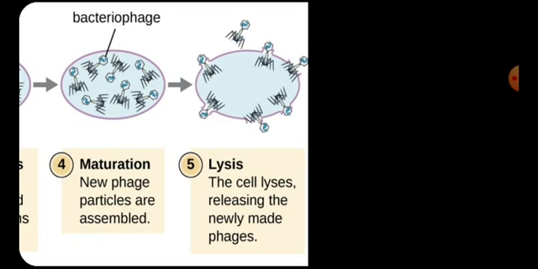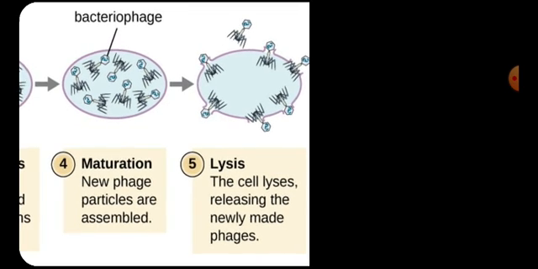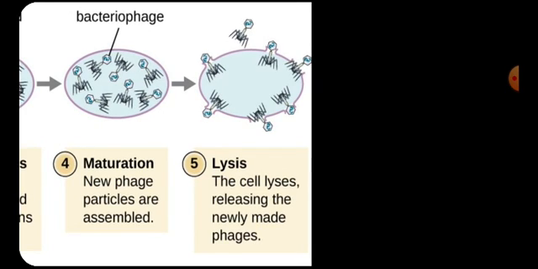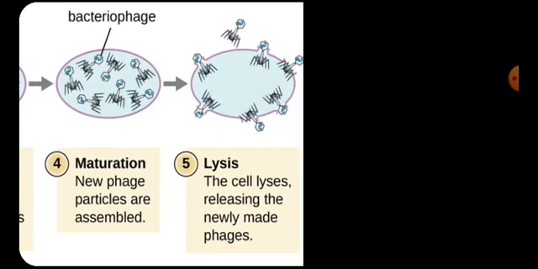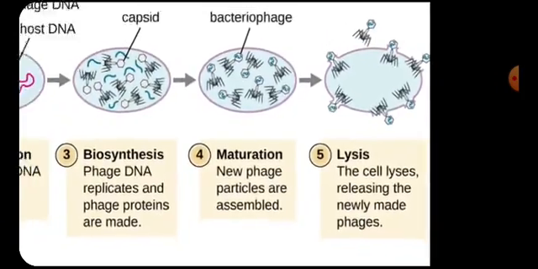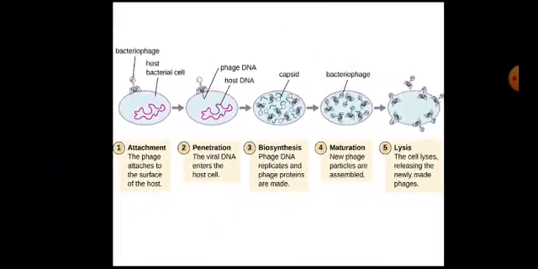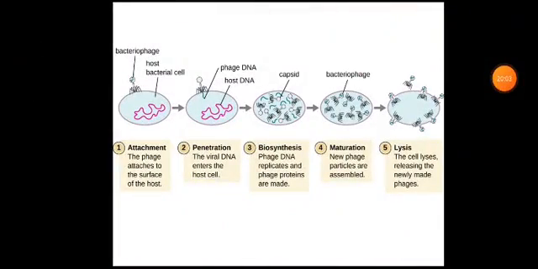As a result of lysis, viruses are released outside of the cell, and these bacteriophages are ready to infect a new bacterium. This is called the lytic cycle of bacteriophage, which happens in case of lytic phages that infect bacterial cells.